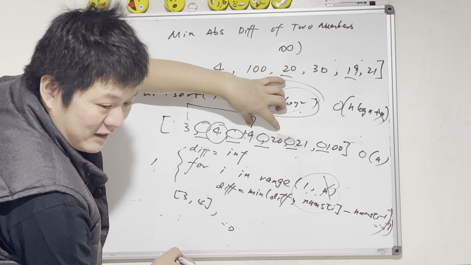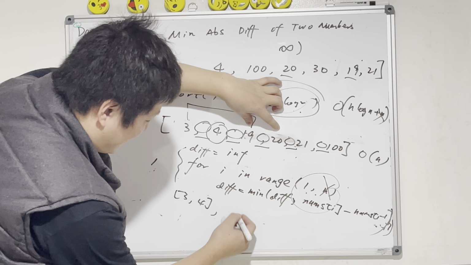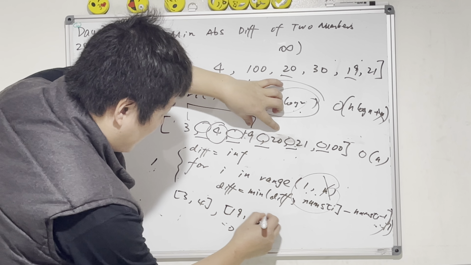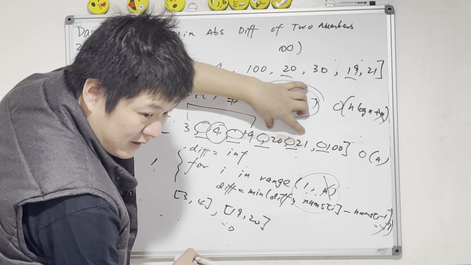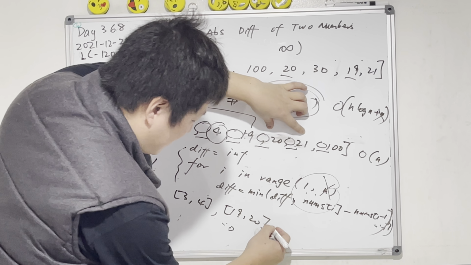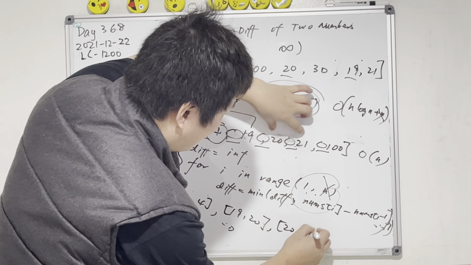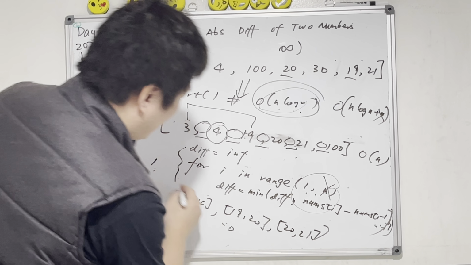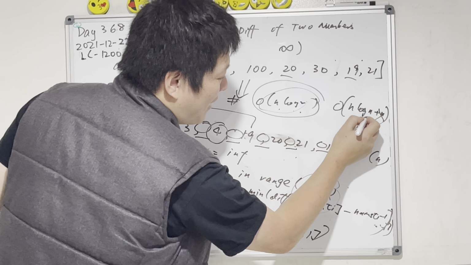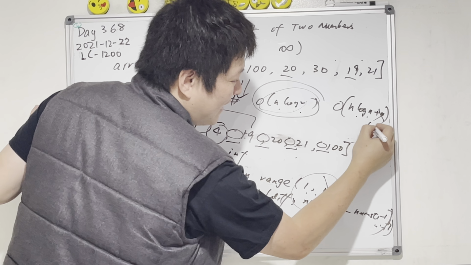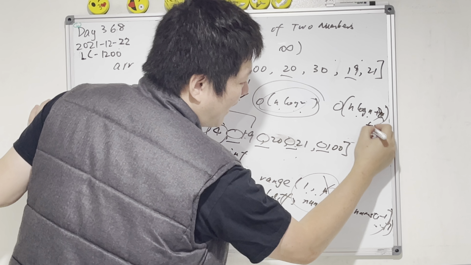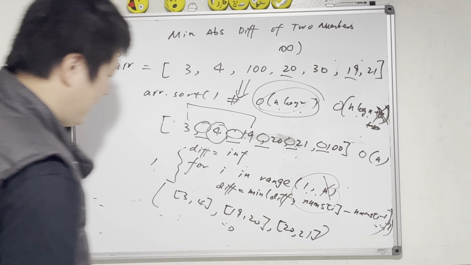No. This one? Yes, 19, 20. This one? Yes, 20, 21. No, and then no. Okay, got it. So actually it's O(n log n) plus n, or O(n log n) plus 2n. We drop the smaller part.